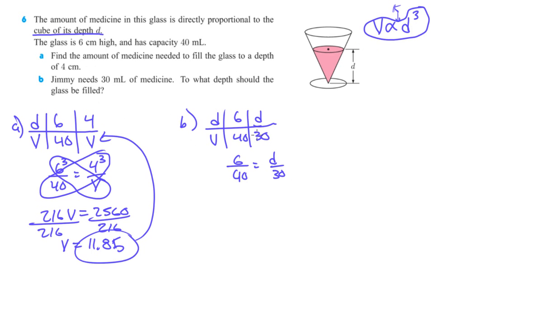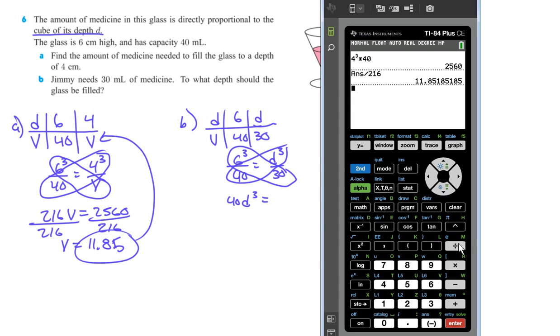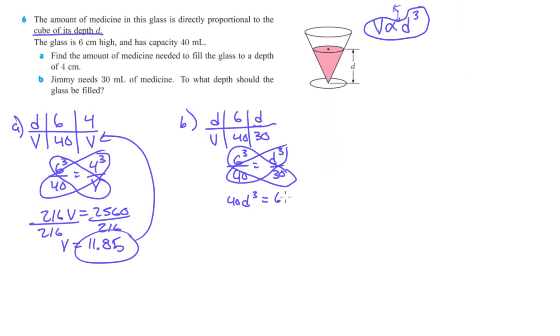The d has to be cubed, so it's going to be 6 cubed, d cubed, and now we can cross multiply, and away we go. So 40d cubed is going to equal 6 to the third times 30, and that gives us 6480.